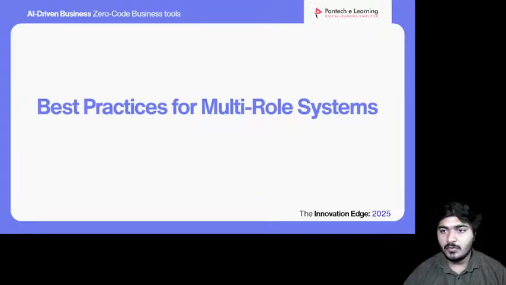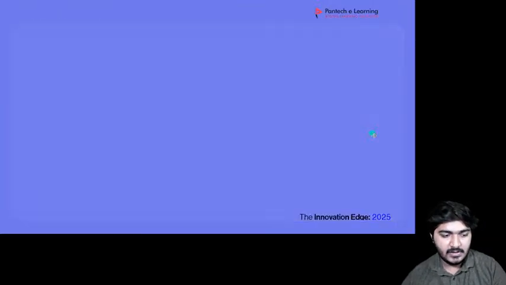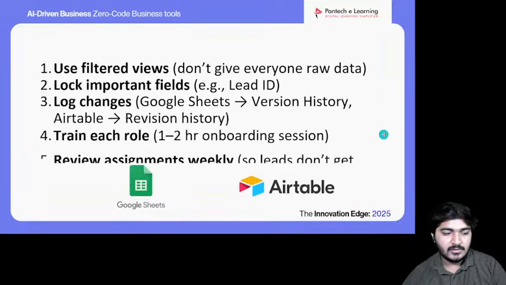Best practice for multiple roles: the basic roles are going to be sales personnel, marketing personnel, manager, and admin. These are all the basics. When it comes to the advanced, let's see, if there are multiple roles, what can we do?